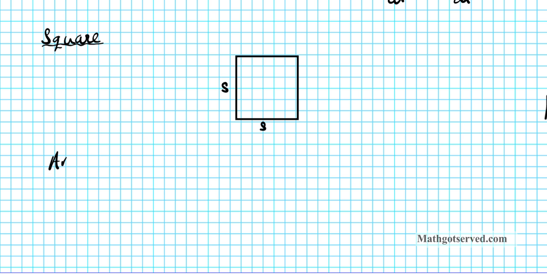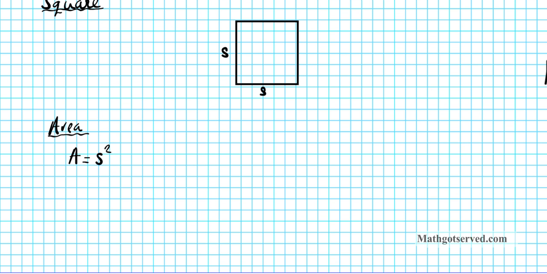The area formula of a square is simply length times width, but the length and the width are the same. So we have A equals s squared. So what is the related rates formula for the area and the length of a side? dA/dt, the derivative of s squared is 2s, and using the chain rule, ds/dt. Alright, so that's that.